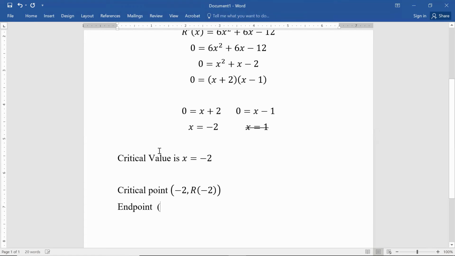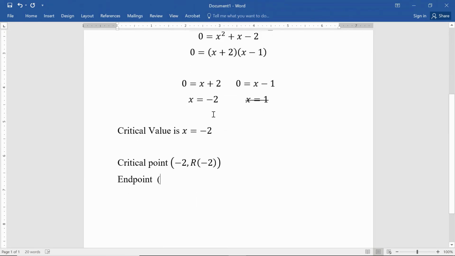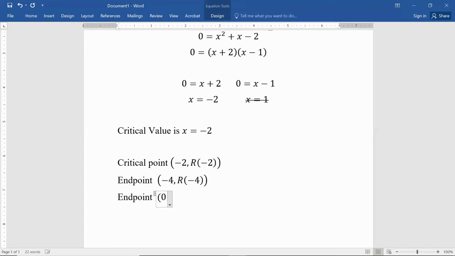One of the endpoints is going to have an x value of -4, and obviously the y value is what we get when we plug in -4 into the function. The other endpoint is going to have an x value of 0, and the y value is what we're going to get when we plug in 0 into our function.